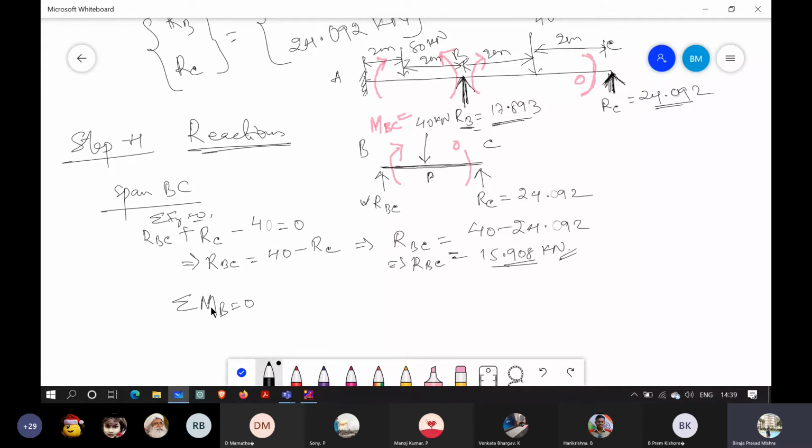If I do that, you see this distance is 2 meters, and this is 2 meters. Just like whenever we are finding out in slope deflection or moment distribution equations, we need to find it out here.